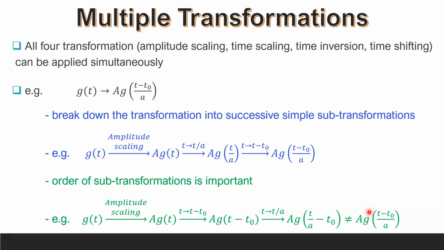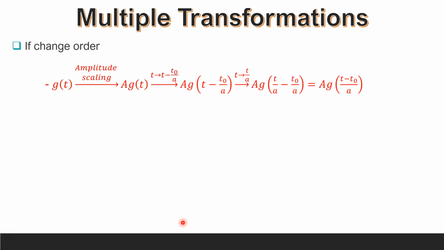However, this does not mean that you cannot perform time shifting first. You can actually, but you have to do some modification. So if you change the order, which means if you do time shifting first, you have to shift it, instead of just t naught, by t naught over a.